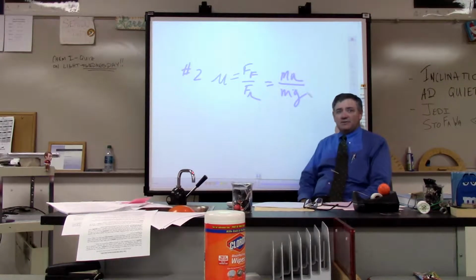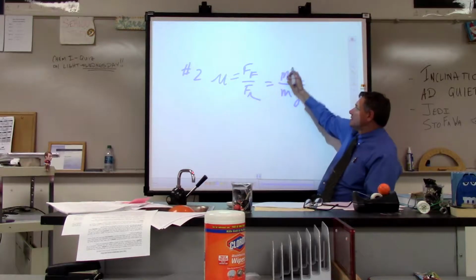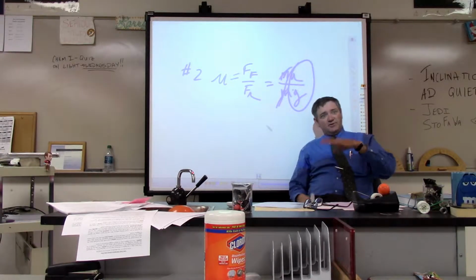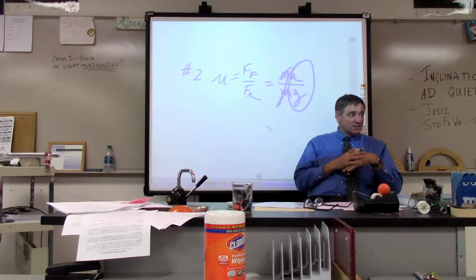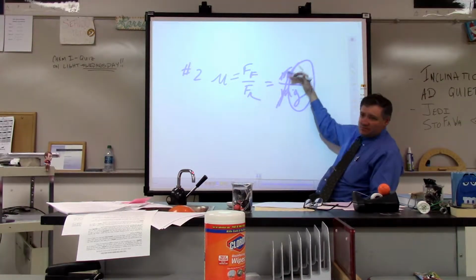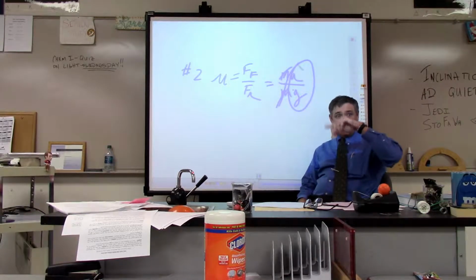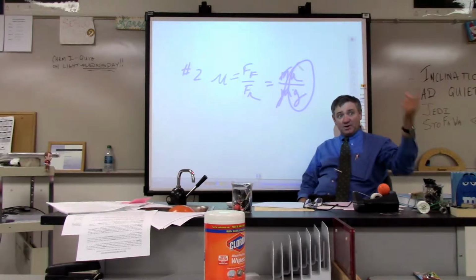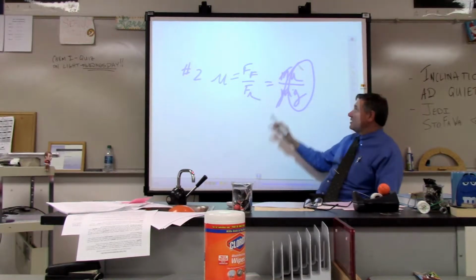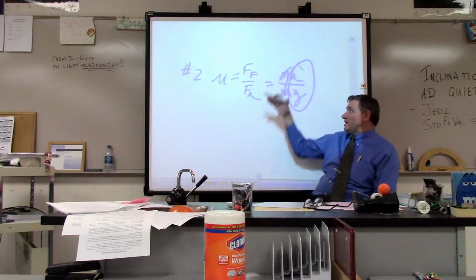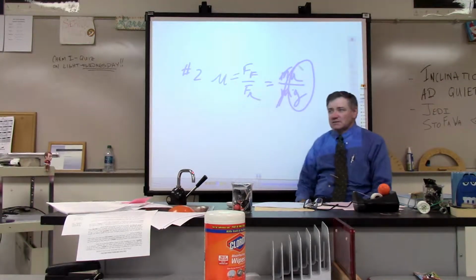What's going to happen to the masses? They cancel out. If you look at this in terms of canceling things out, all it is is a ratio of accelerations. So to get mu, all you had to do is take the acceleration that you found up in number 1 divided by 9.8 meters per second squared. Boom, there's your value of mu. You're going to get the same answer either way because you multiply both numbers by mass.